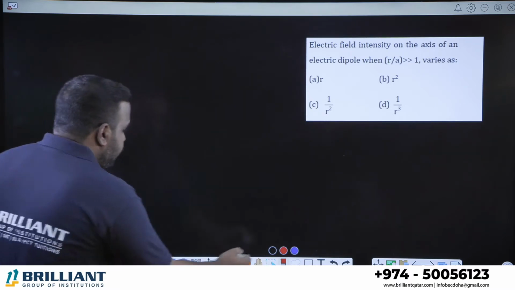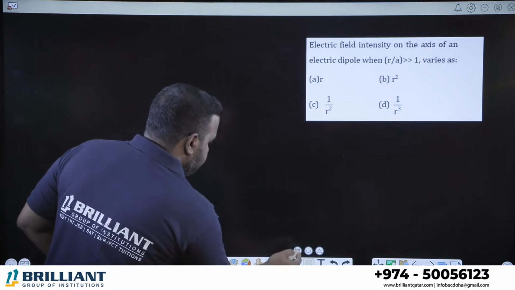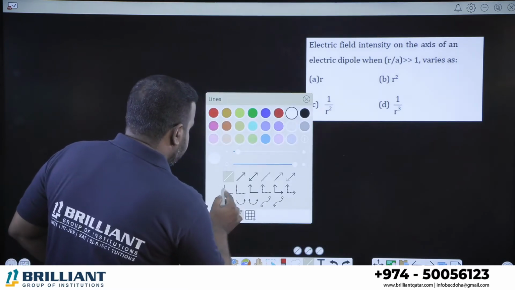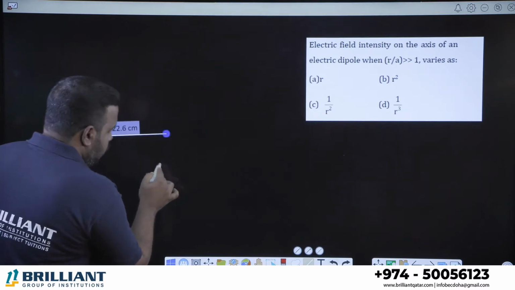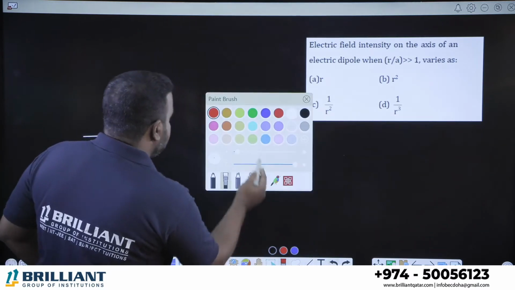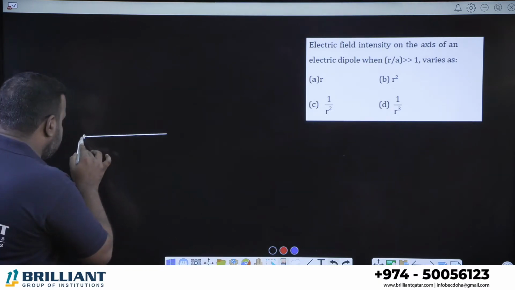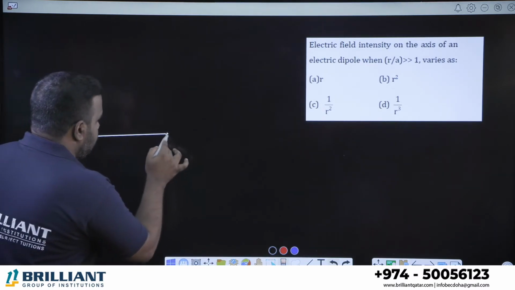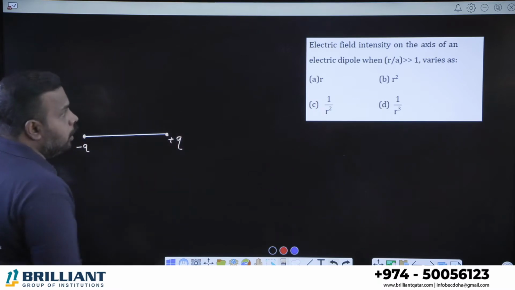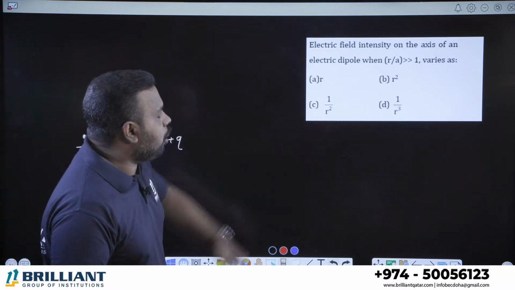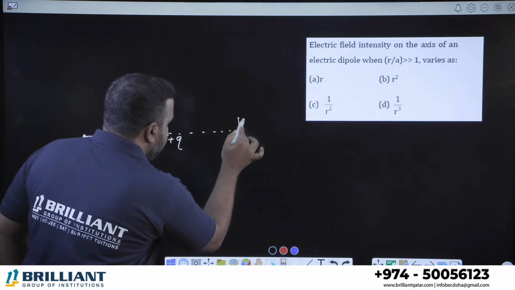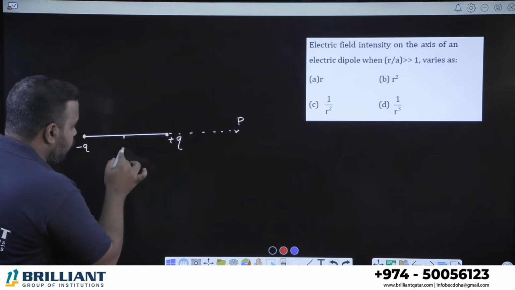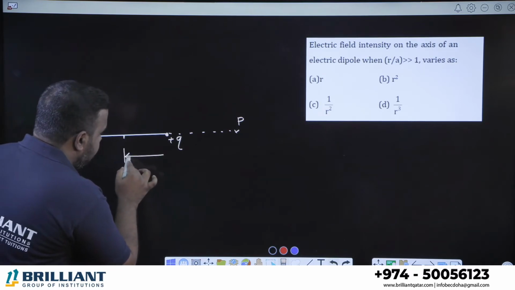See, we will take a dipole, consisting of two charges, minus Q and plus Q. Axis of the dipole means this line, and you can mark any point P. This is the center of the dipole, right? So from the center, we'll take the distance as r.